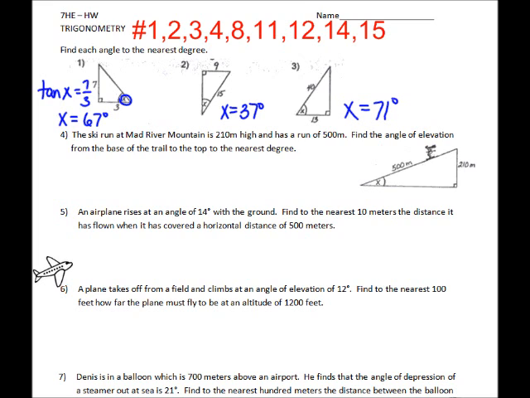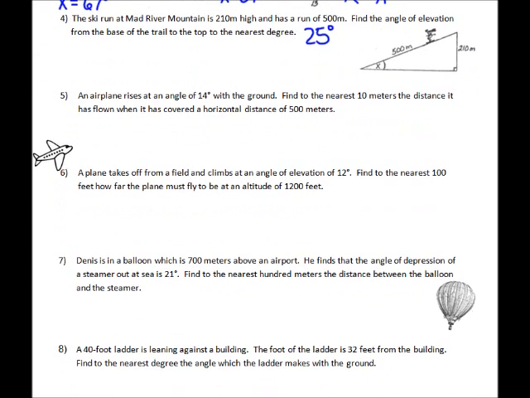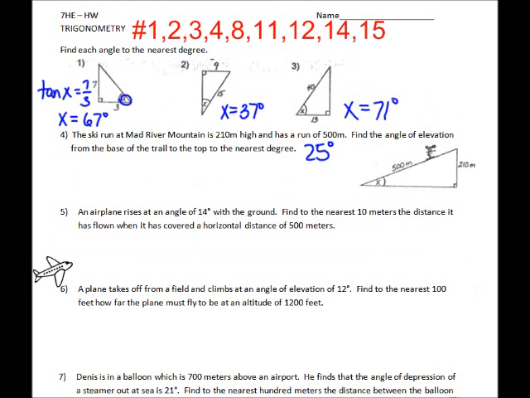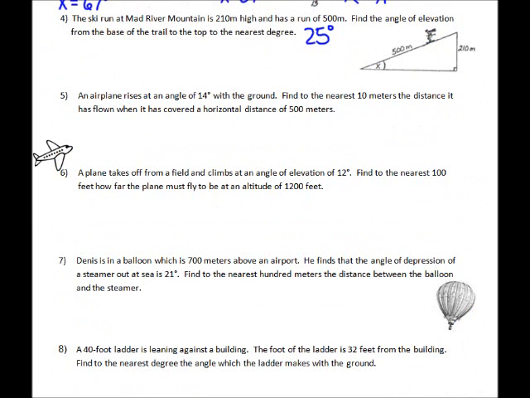So you can check those on your own. Number 4, they drew the picture for you, so that's actually easier, and you should get 25 degrees. I'm not going to do that one. It's sine, I'll tell you that. Let's go up to maybe 8. So we did have 1, 2, 3, 4, and then 8, 11, 12.